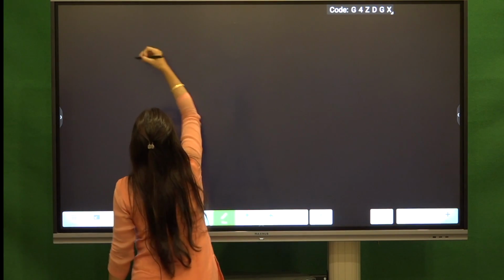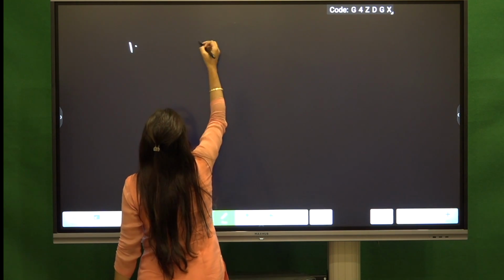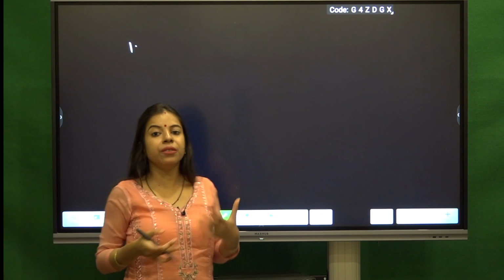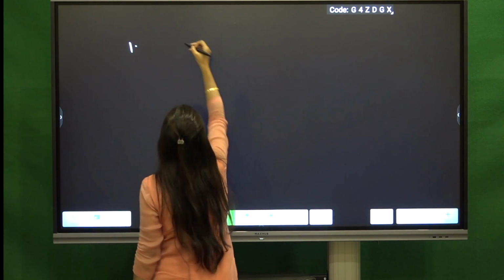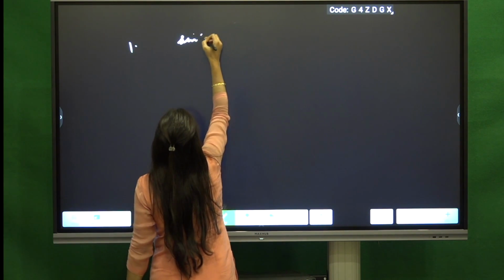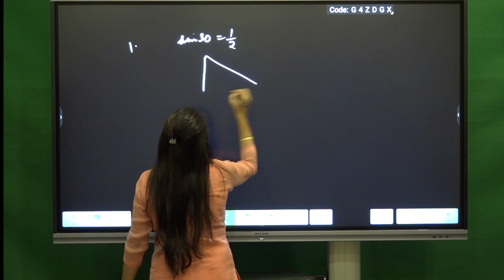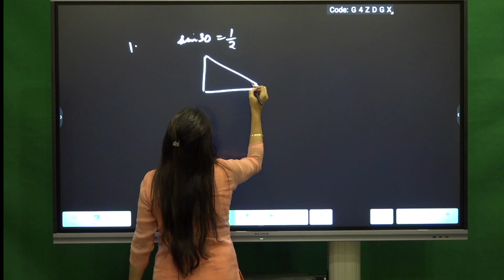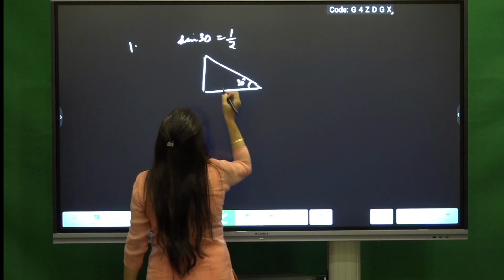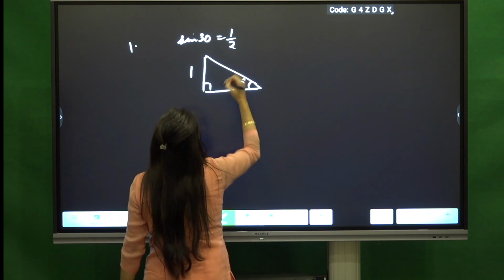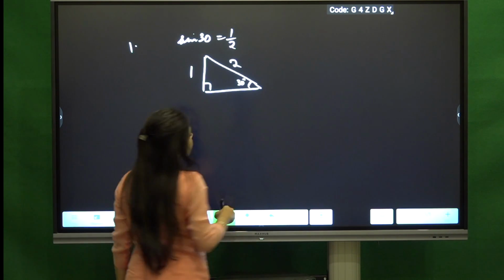Let us take the first example. We have sine theta, or basically theta at 30 degree. We know that sine 30 is half. So let me just write over here, this is 30 degree. 1 is the perpendicular, 2 is the hypotenuse.